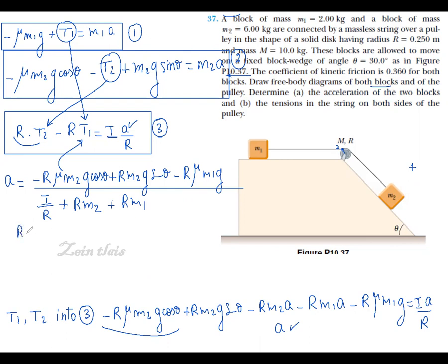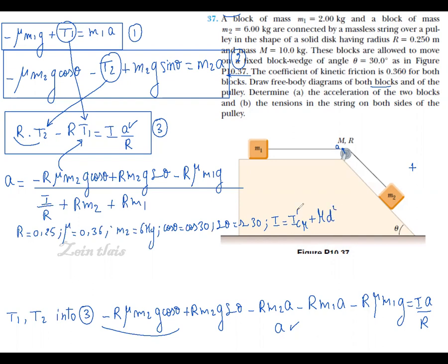Here we have R equals 0.25, mu equals 0.36, M2 equals 6, cosine theta, we can calculate cosine theta equals cosine 30, and we have M2 sine theta equals sine 30, and I equals ICM plus MD square.